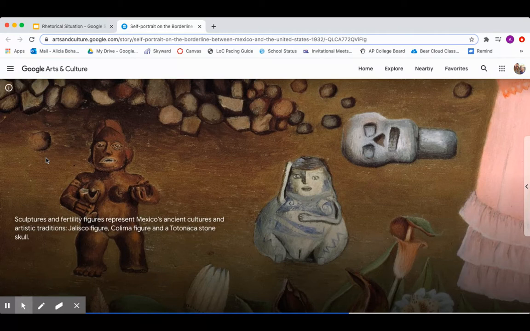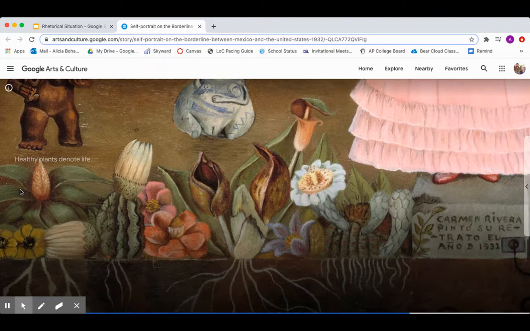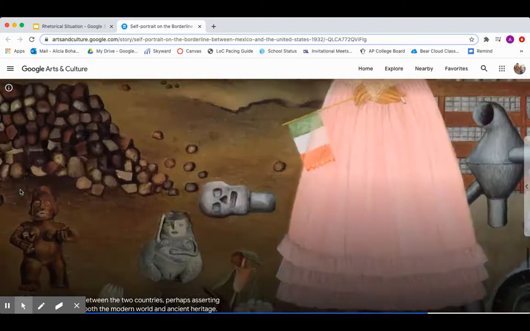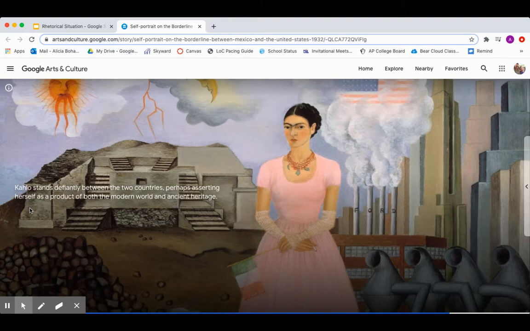We have this Jalisco figure, a Colima figure, and a Totonaca stone skull, from left to right. We have healthy plants and root systems. So Kahlo stands defiantly between the two countries, perhaps asserting herself as a product of both the modern world and her ancient heritage.